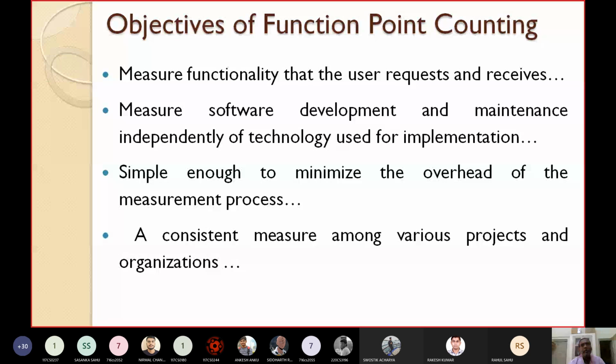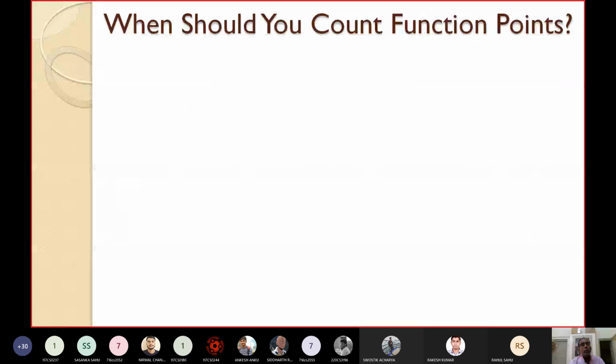Next, when should you count the function points? Number one, at a very early stage, as I have already told you, during the requirement analysis stage or design stage, you can count the function points. There is no need to wait for the coding to be over. You can count early and very often.